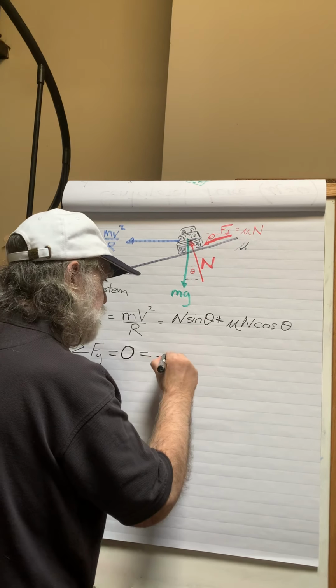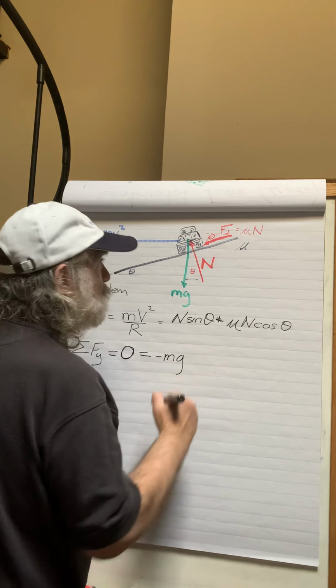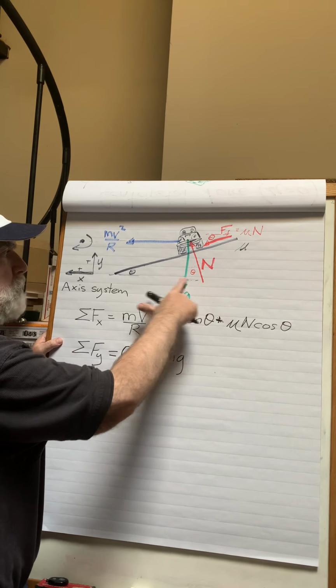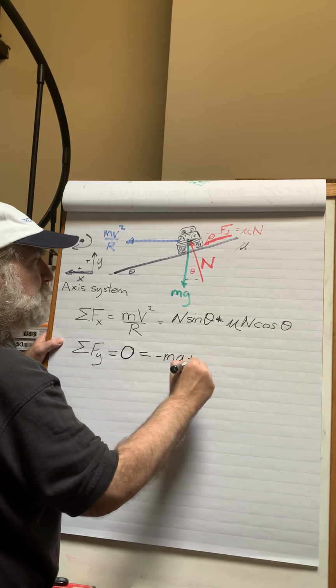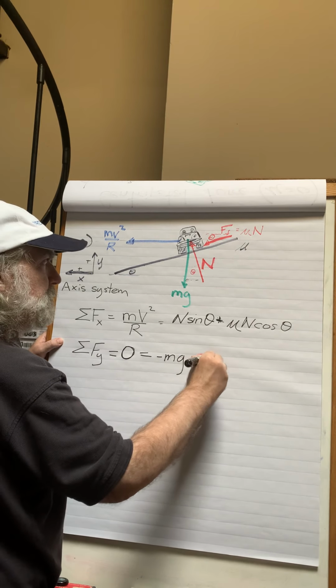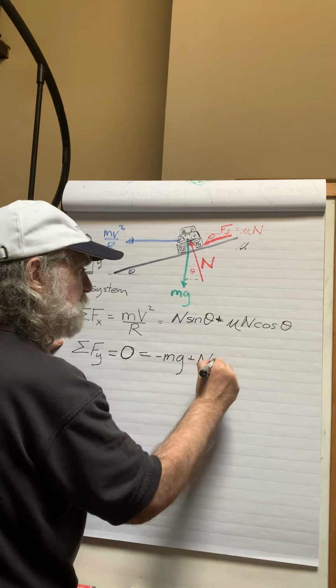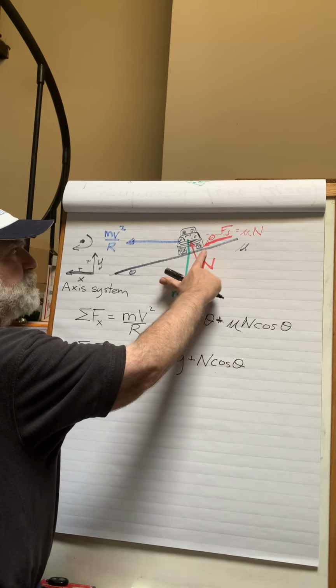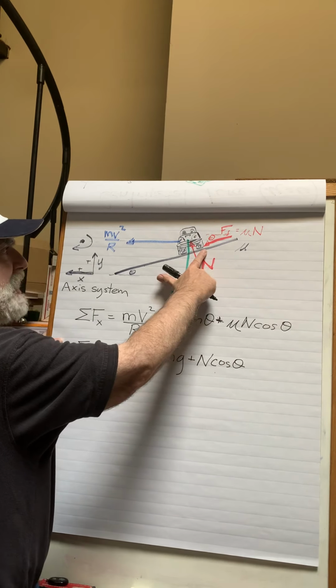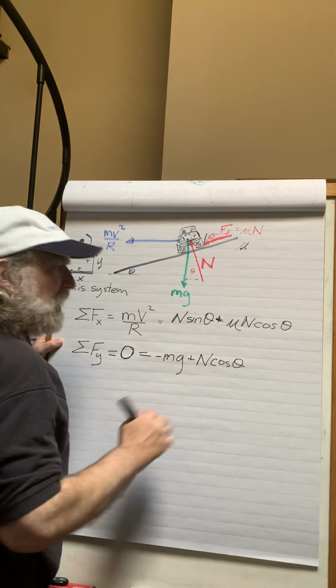So it's minus mg. We have a piece from the normal force acting in the positive direction, and that is the normal force times the cosine of theta, and the part of friction that acts in the upward direction, which will be mu times the normal force times the sine of theta.